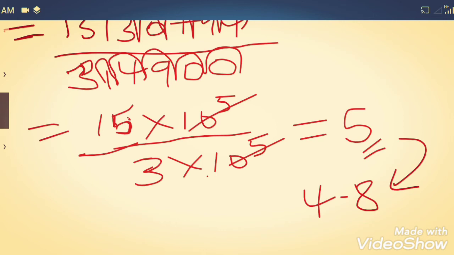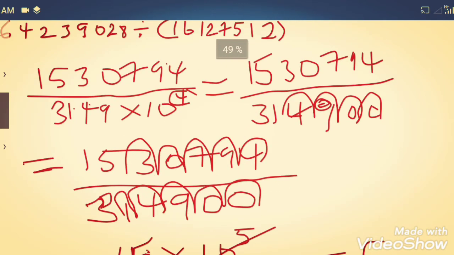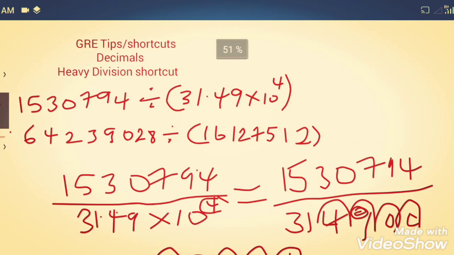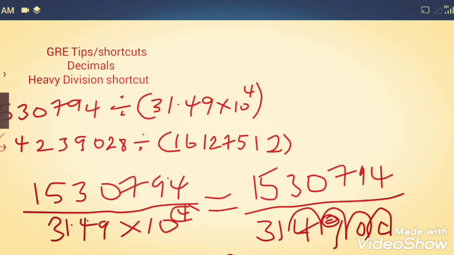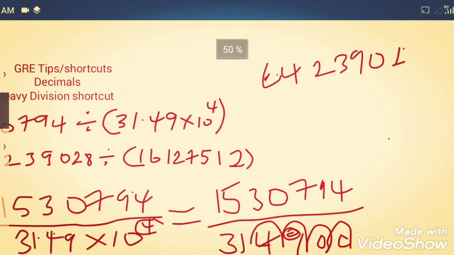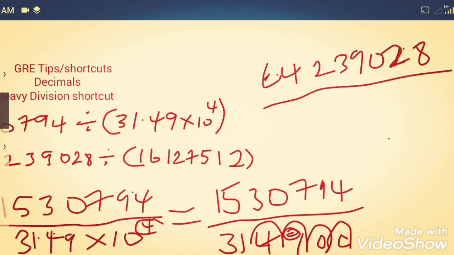Okay, let's look at the second question. The second question is 64239028 divided by 16127512.